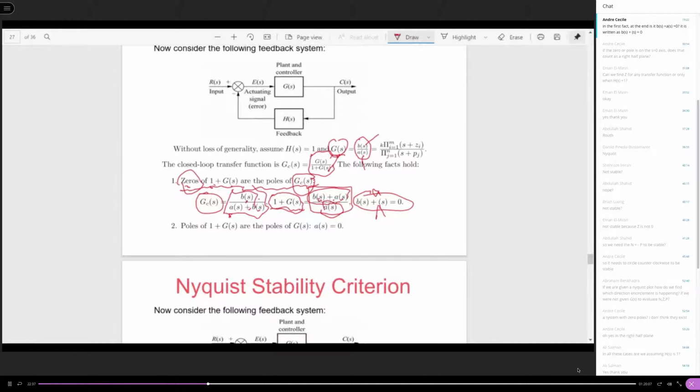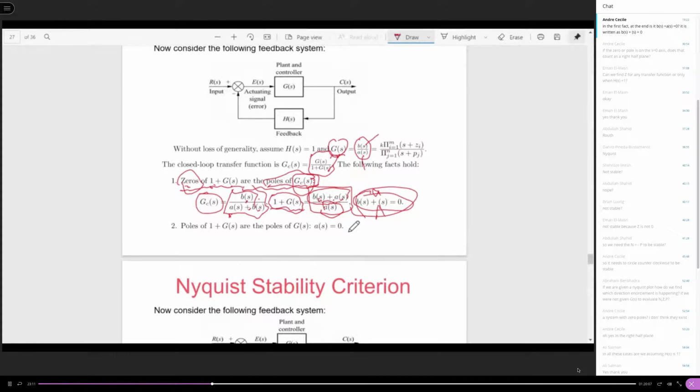So if you want to solve for the closed loop system's poles, you're going to solve the same equation. The roots of this equation are both the zeros of 1 plus g of s and the poles of Gc of s, the closed loop system. Is it clear?